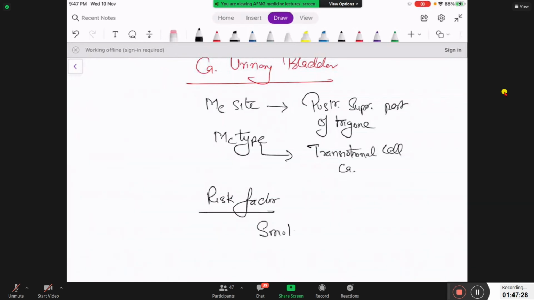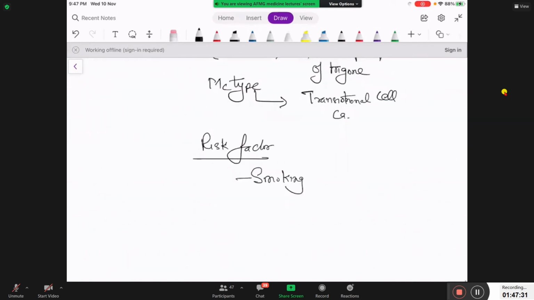After smoking, the second important risk factor is dyes. Which dye? Aniline and benzidine dyes.